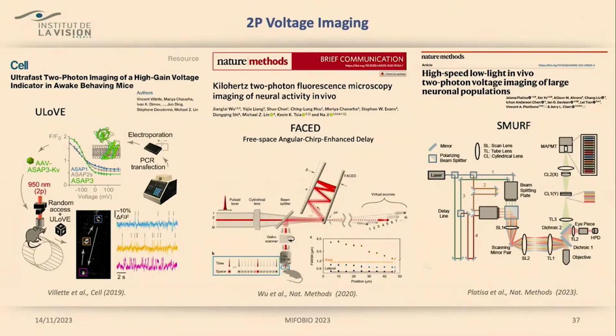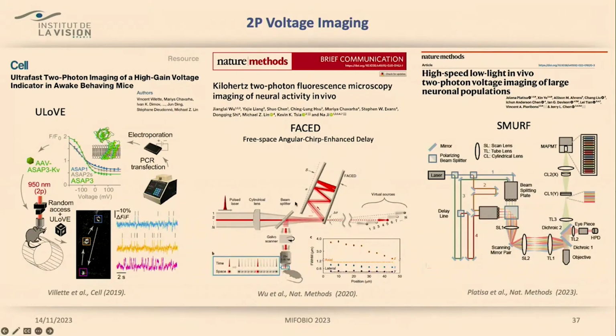Nevertheless, they were obliged to scan not diffraction limited spots, but to create patches of illumination, so that they are not limited by the movement of the mice, and also to be able to record more signal from more molecules.